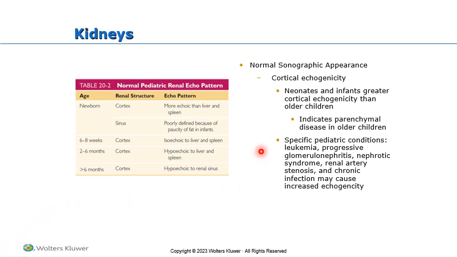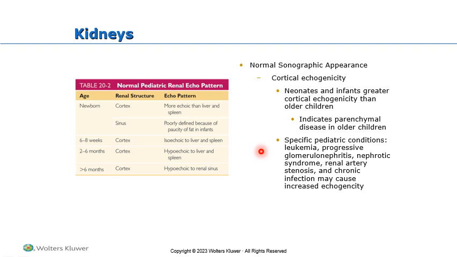Some specific pediatric conditions that will result in that prolonged cortical echogenicity would be things like leukemia, which, remember, is the white blood cell cancer, so don't get that confused with our lymphoma. Lymphoma would most likely cause it to be hypoechoic. So with our leukemia, we're going to see it stay hyperechoic.